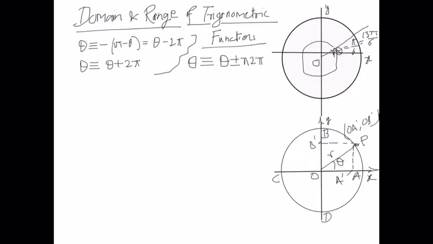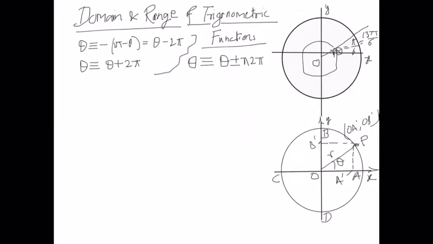And likewise OB prime is equal to A prime P, the height of this right triangle OA prime P, and A prime P is nothing but r sine theta, because sine theta equals A prime P divided by r.